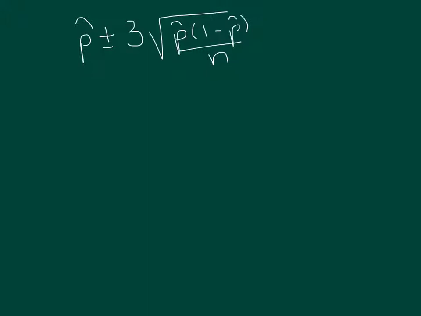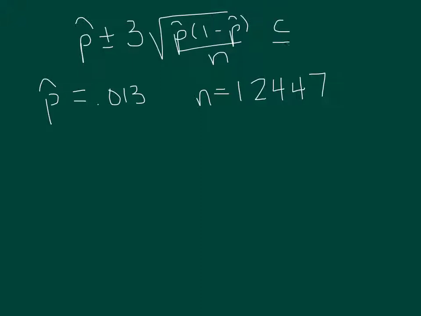We have everything we need. We know that p hat is 0.013, and n from the previous page, your full sample, is 12,447. The ultimate goal is to check that this interval will be contained inside of 0, 1.